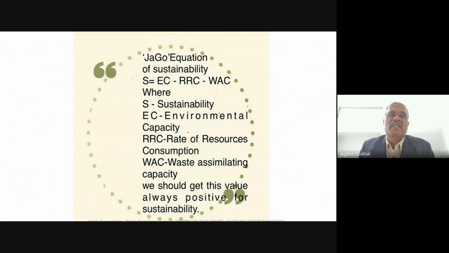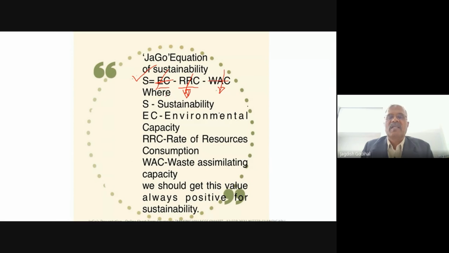Now I'm going to present one equation, called the Java equation of sustainability. If you want to achieve sustainability in any work, whether it is a village, a city, or even an environmental aspect, then the environmental capacity is finite, it is not infinite. Then there is the rate of resource consumption, which we need to reduce. Then again, waste assimilation capacity is also finite, so we also need to reduce discharging waste into the environment.